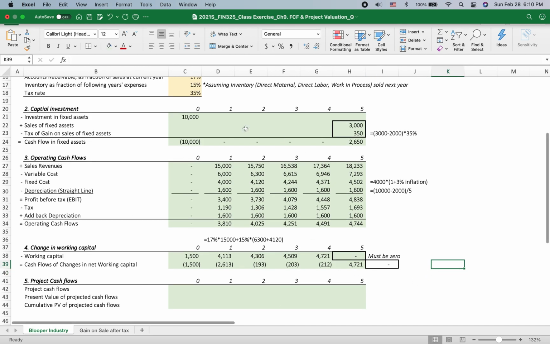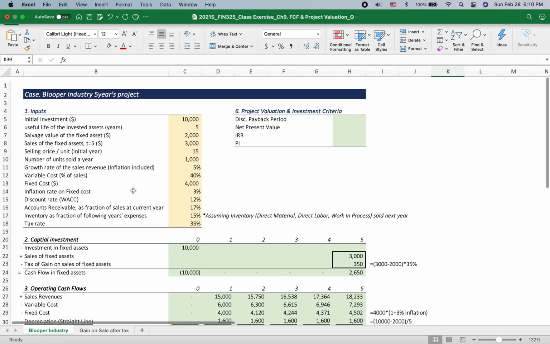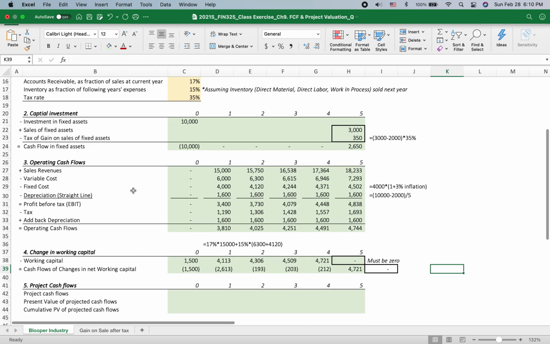Okay, then we completed all these necessary cash flows. Capital expenditure is the investment today, and then we sold this fixed asset at the end of year 5, which is the useful life, with the salvage value, and need to consider the tax. And then all these operating cash flows from the investment generating this revenue and all the costs.